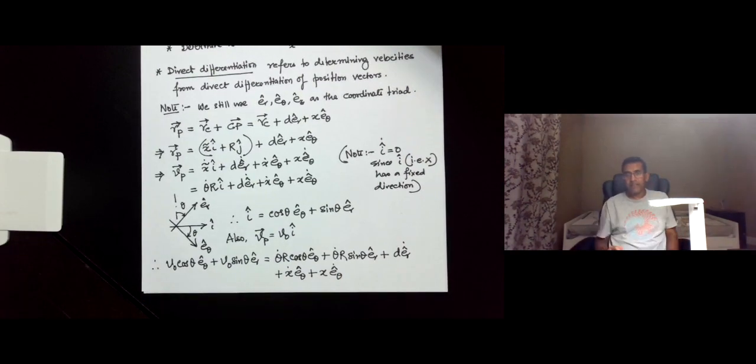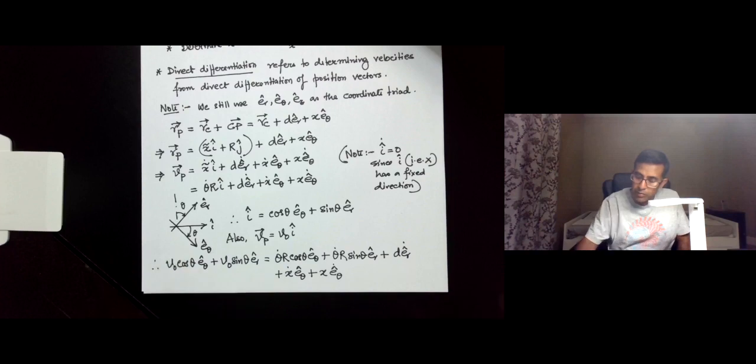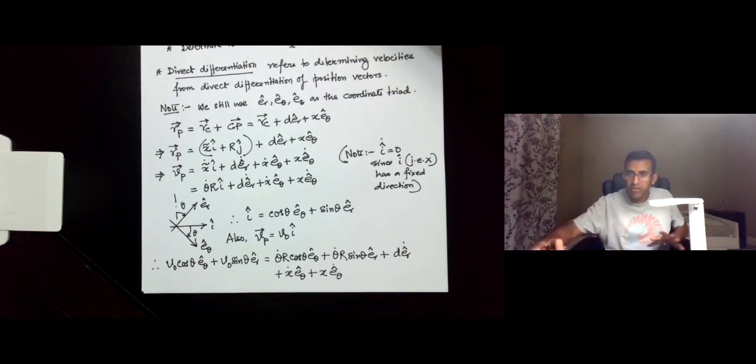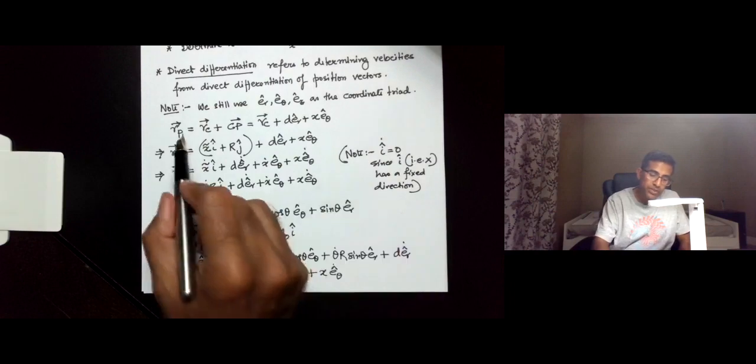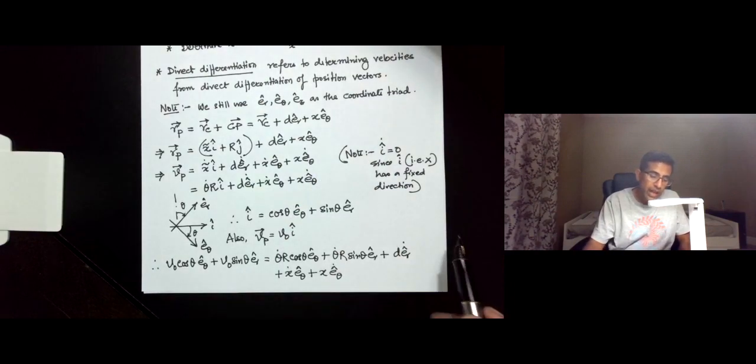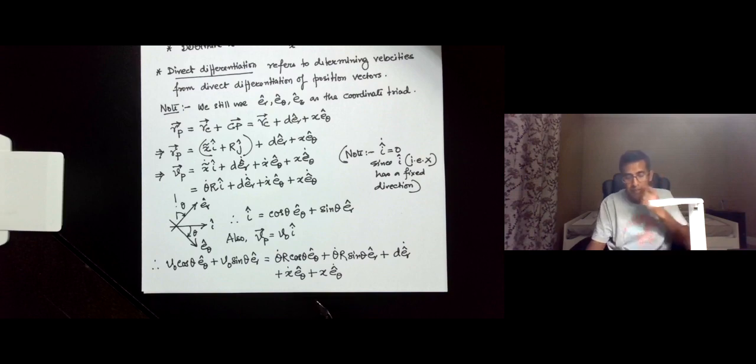So that's another level of expansion, simplification, if you want to call it that way. But we are now basically expanding out all the vectors, and the approach that you can see does not use any relative velocity concepts. It is essentially starting from the position vector and then just taking the derivative of the position vector.